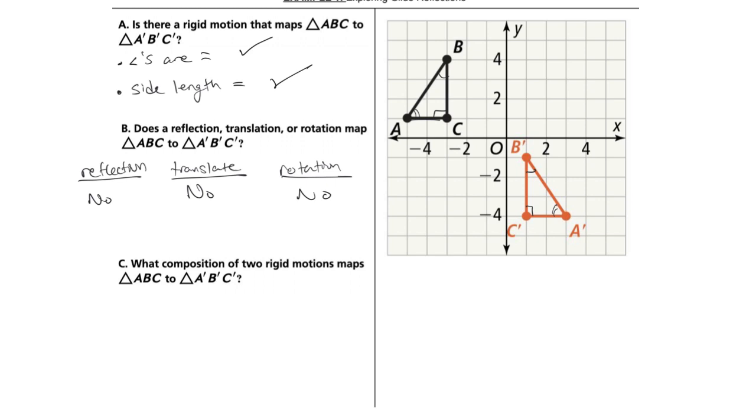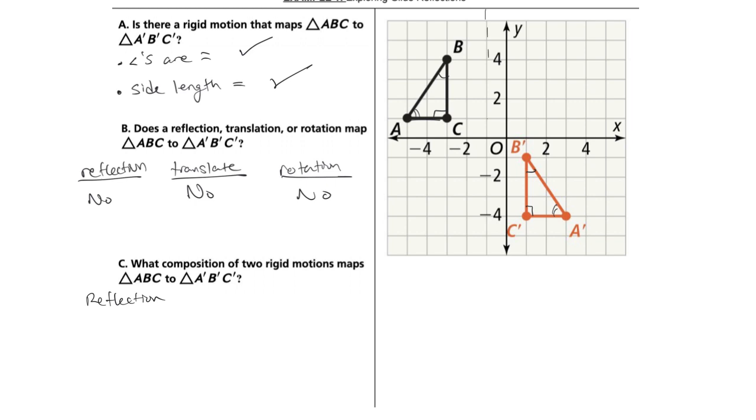But can we make a composition of two rigid motions that map them? Well, let's think about it. Again, we need the A to flip to this side somehow. So when we think of flip, we want to look for a reflection. So we want to reflect maybe somewhere halfway in between.